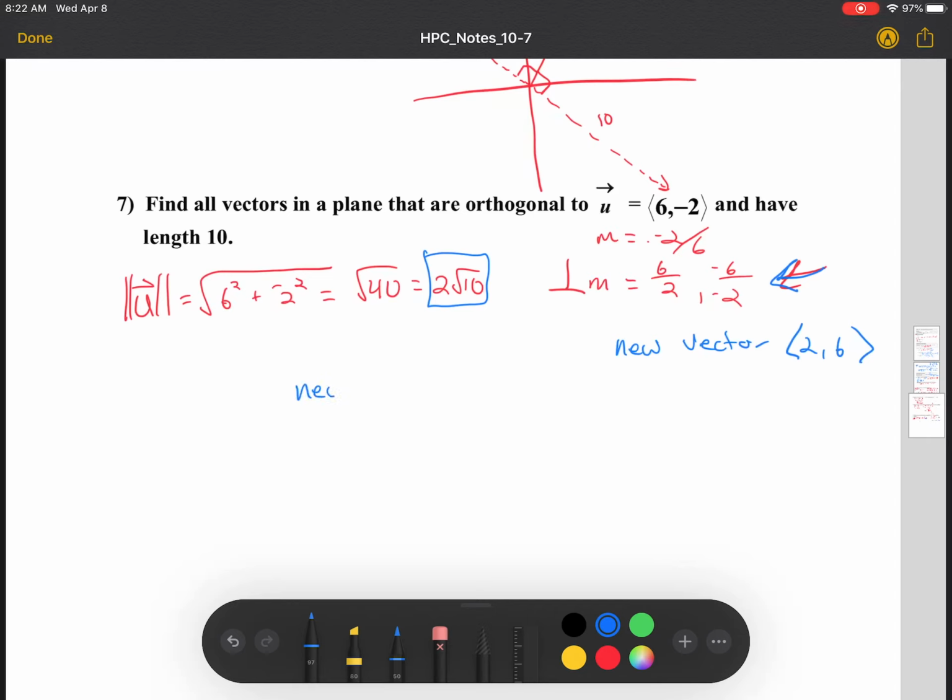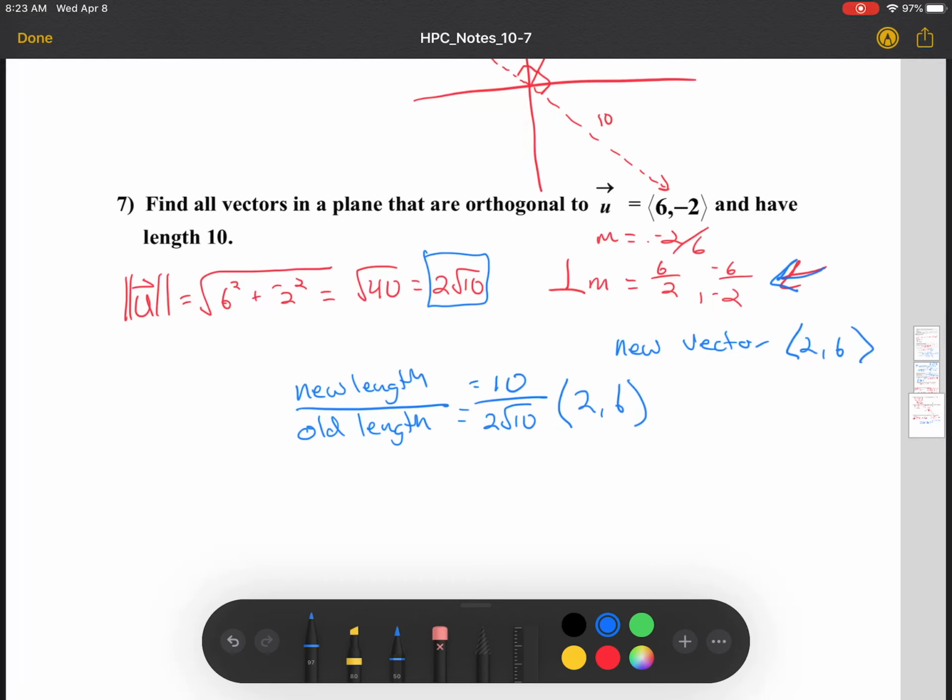So you got to do new length over old length. And then we're going to multiply it by our vector. So new length is going to equal, what? We want 10, right? And our old length is 2 square root of 10. And then we're going to multiply it by our new vector.